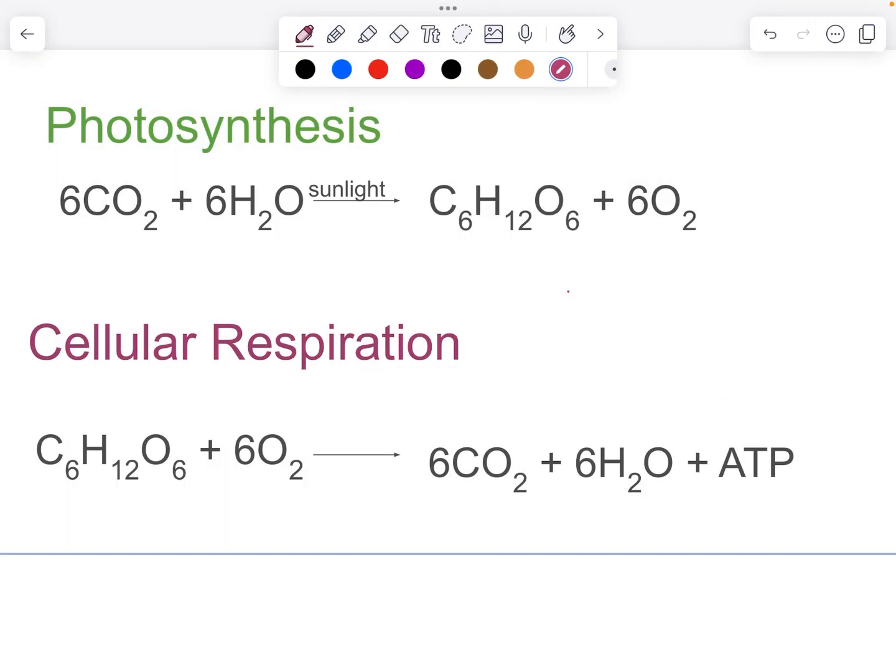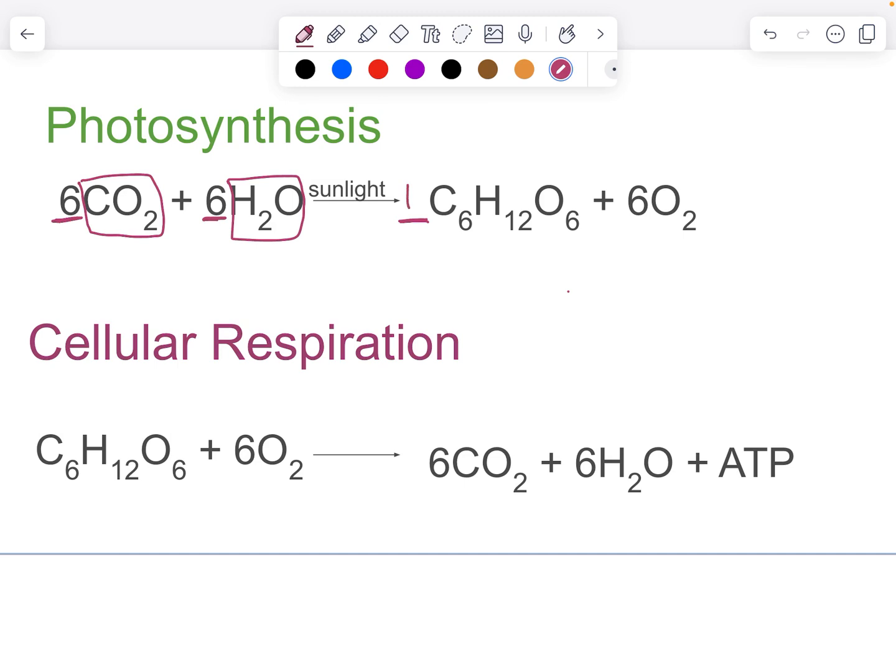Okay, so this is for those of you who maybe were not in class and didn't really understand how these equations work. What I do want to point out first is that, very similarly to how math is operated, if there is a number like this 6 right here, that is telling me that there are 6 molecules of CO2, there are 6 molecules of H2O, which is water, and then there is no number here, so this is an implied 1.